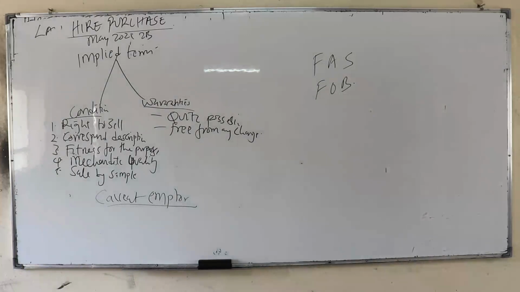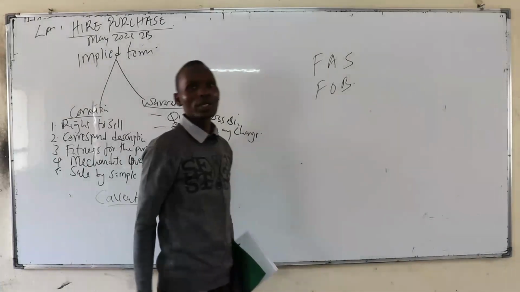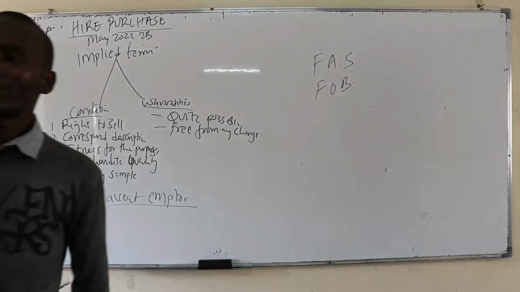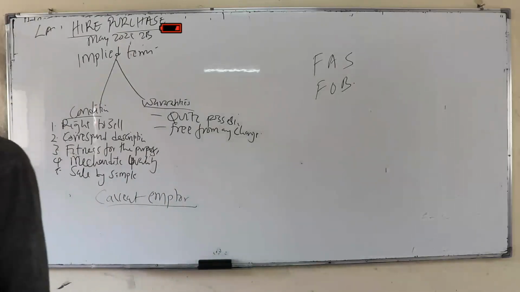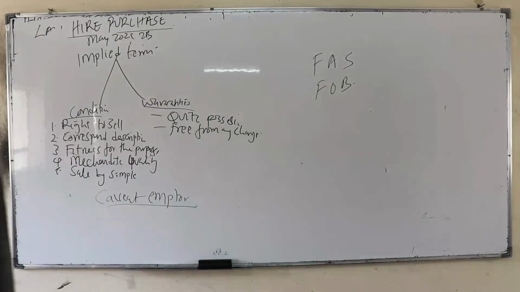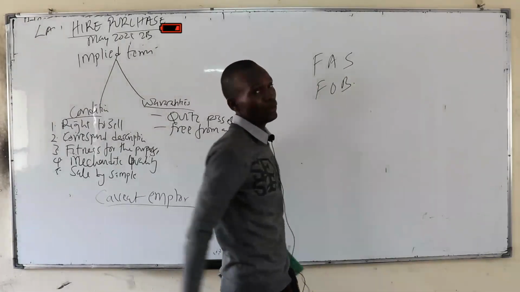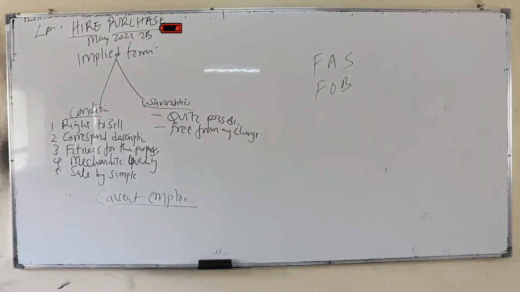Come on. These things I gave you in that class and you understood well, until I defined them and set them apart. I said there are 4 categories. We have category E, category F, category C, and category D. So category F, we say they are unpaid delivery, whereby they all start with free along ship and free on board. They are unpaid delivery.